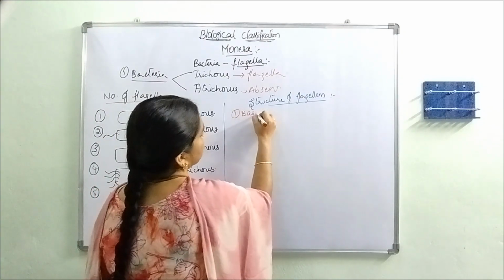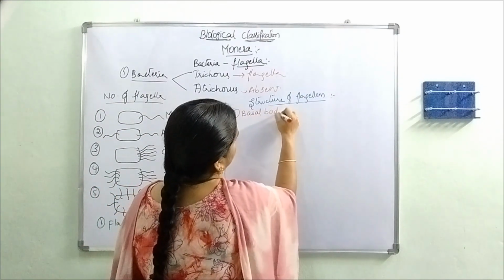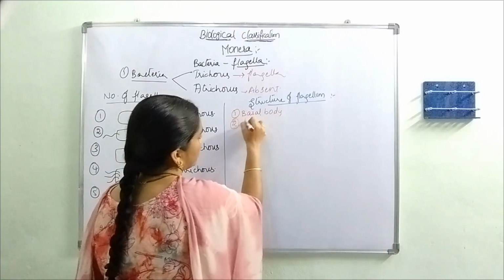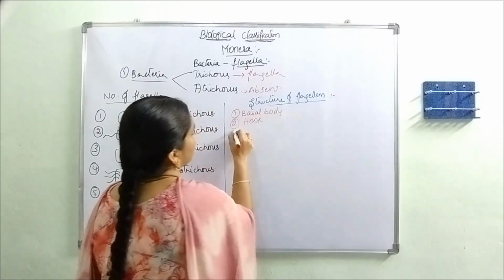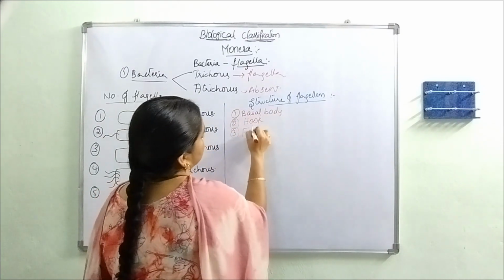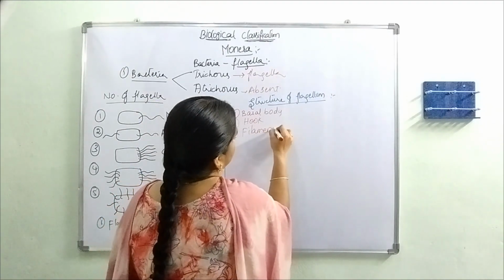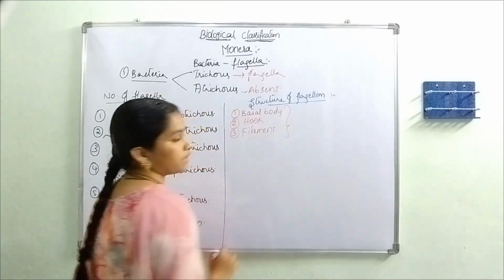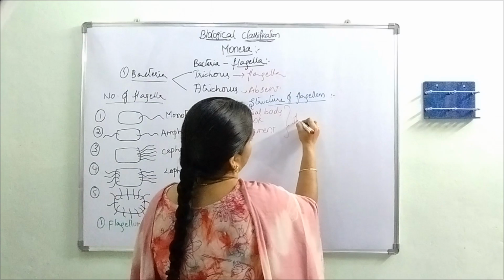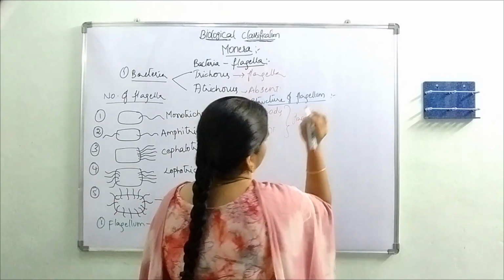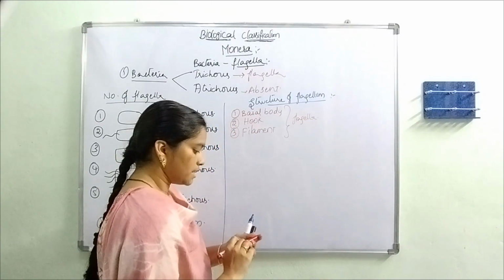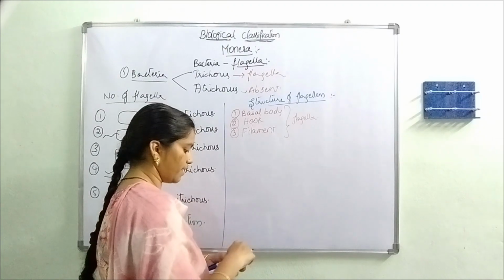Basal body. Number 2. Hook. And the third one is filament. These 3 constitute the flagella. Now coming to the structure of flagella.